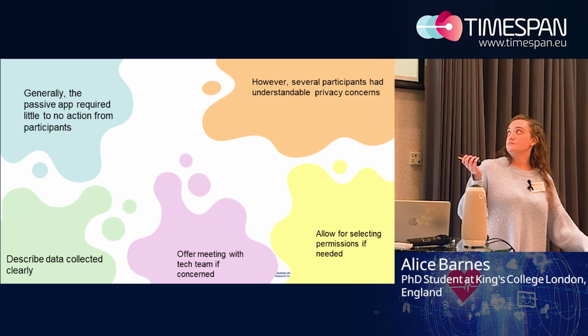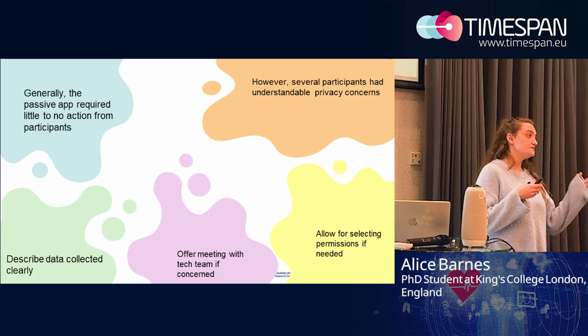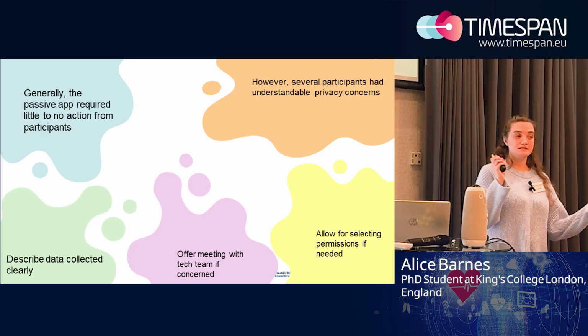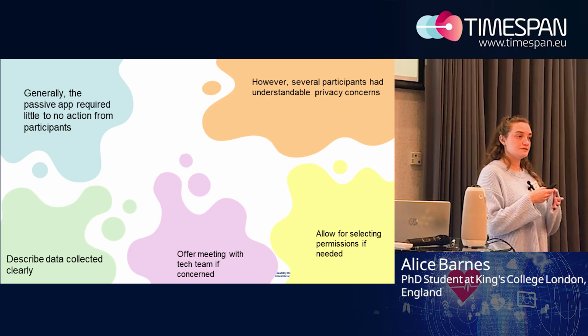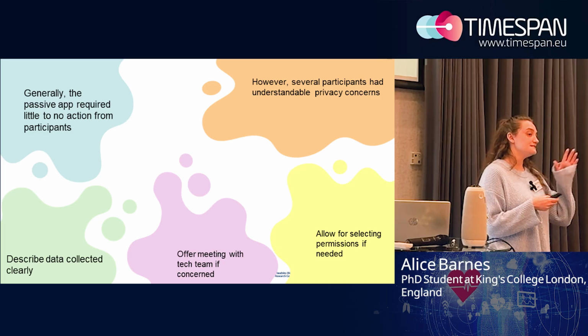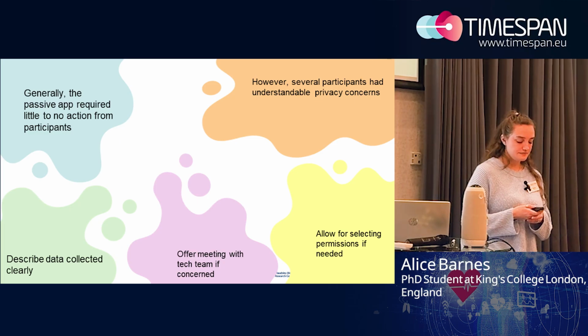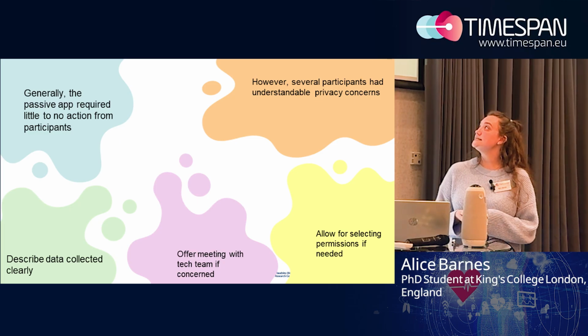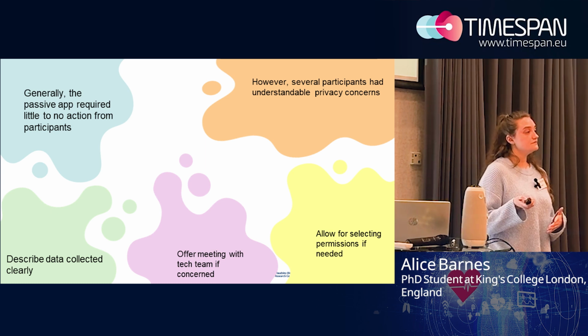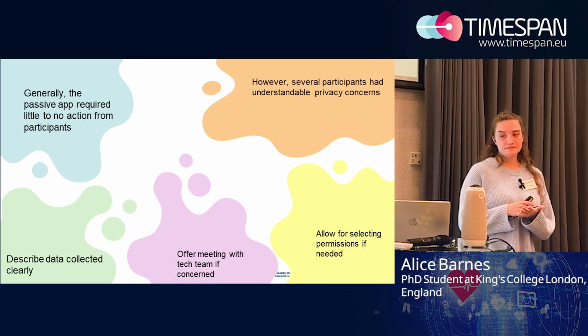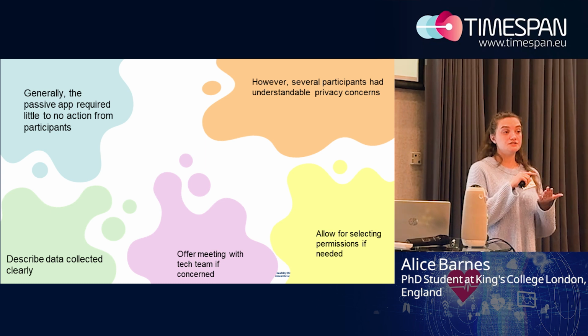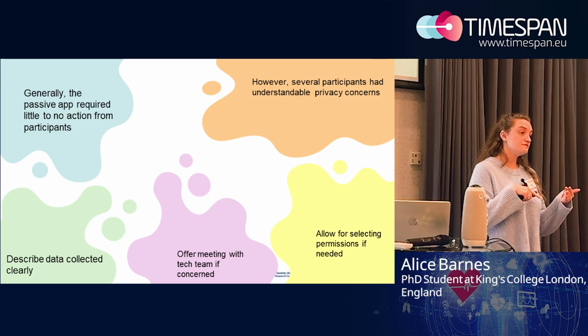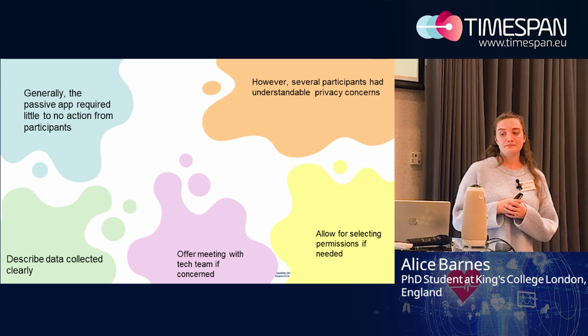We then offered people, if people were still concerned, a conversation with the tech team. So he or Amos, they know more about the specifics of how this technically works than I do. So that would put people's mind at ease. And then if people were still uncomfortable, the benefit of the passive app is that you can just turn certain permissions off if you'd like to.